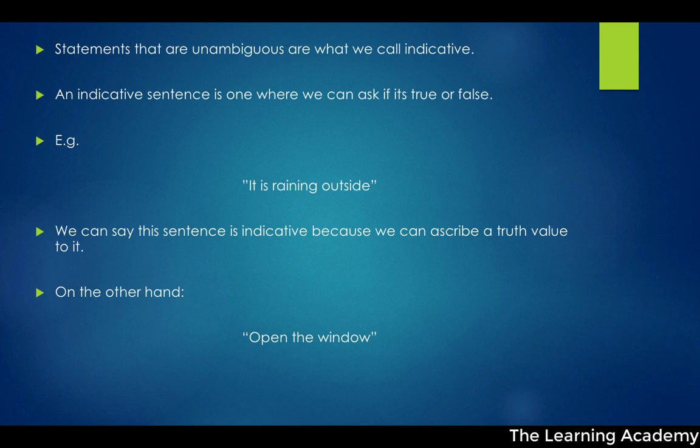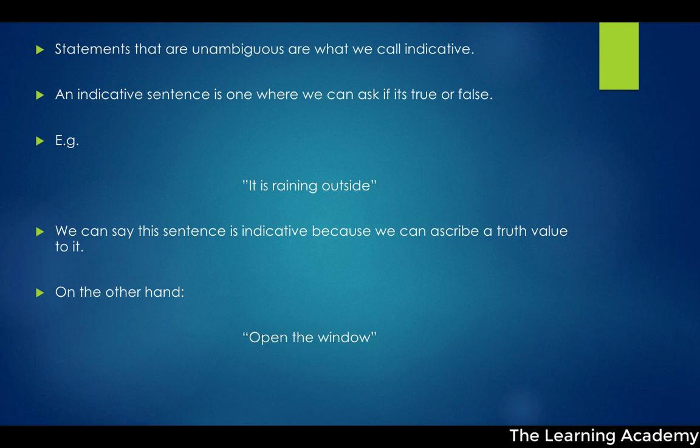So for example, if we say the sentence "open the window," is this an indicative sentence or a non-indicative sentence? It is non-indicative, because you cannot assign a truth value to it. Or if you do assign a truth value to it, it doesn't make sense. It doesn't make sense to say that the sentence "open the window" is true or false.